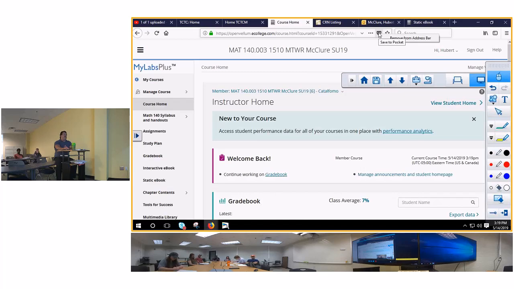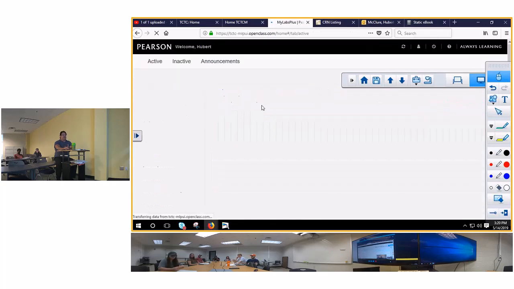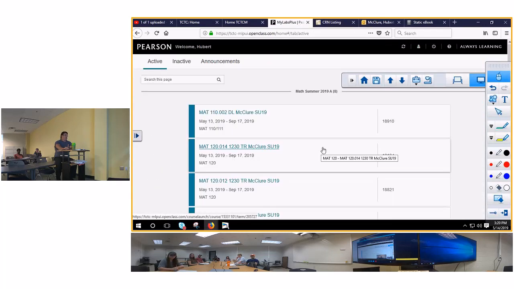If you have a red X, you right click on that red X and you put allow pop-ups or allow secure content. It may ask you once, it may ask you twice. Usually after the second time, it will look like this, or it'll look like this right here. That's when you go through the initial Blackboard link.